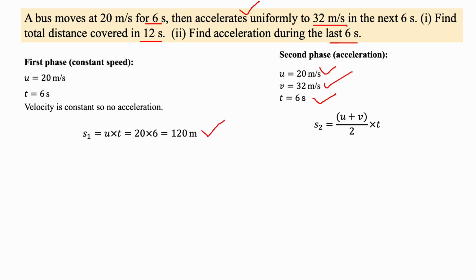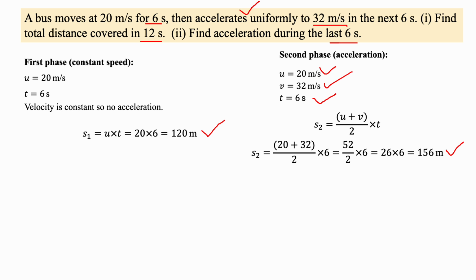This is average velocity. u is there and v also has been given to us. So we will take the average velocity multiplied by time, which is 6 seconds. So 20 plus 32 divided by 2 multiplied by 6, 52 divided by 2 multiplied by 6 will give us 156 meters.